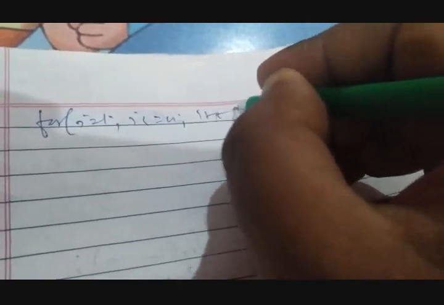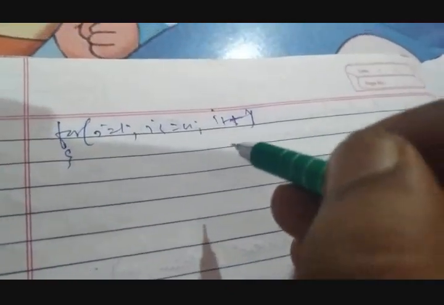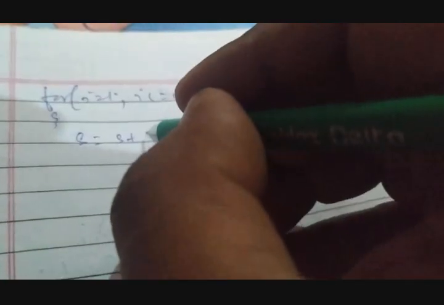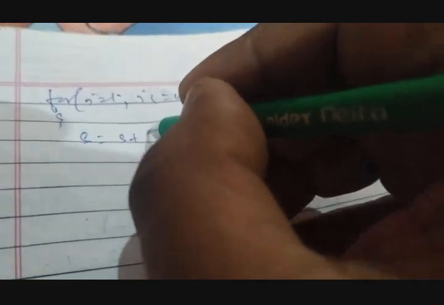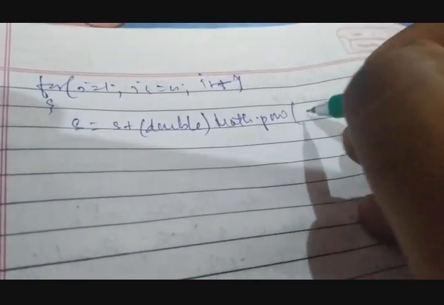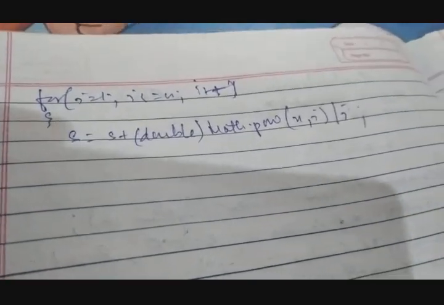For i equals 1, i less than equals n, i plus plus. Now we need to find the sum. S equals s plus, and since we are going to get a decimal value, therefore typecast it, Math.pow(x, i) upon i.